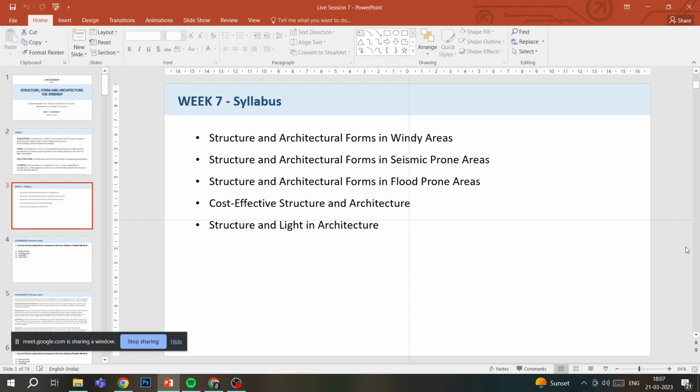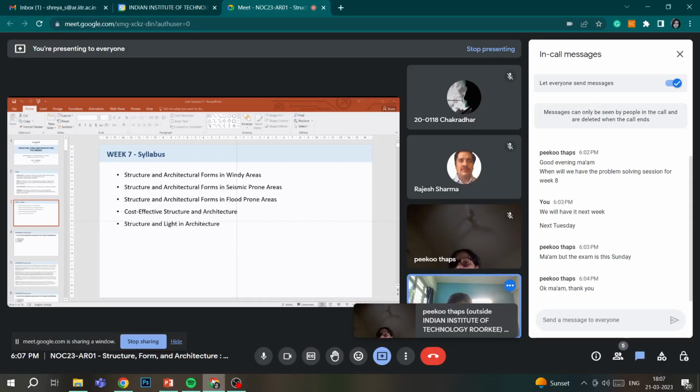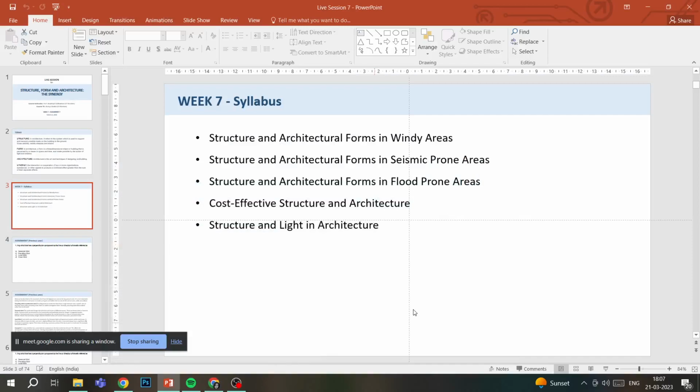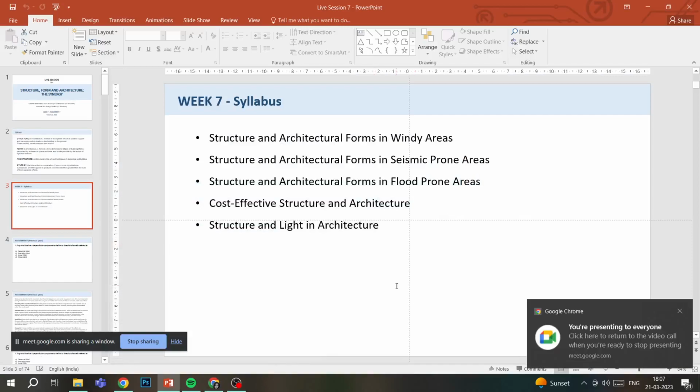And then it was discussed what kind of wind load happens in a building, and what kind of building shapes have different effects on wind. For example, a circular shape would have less wind pressure compared to a square shape and other things.